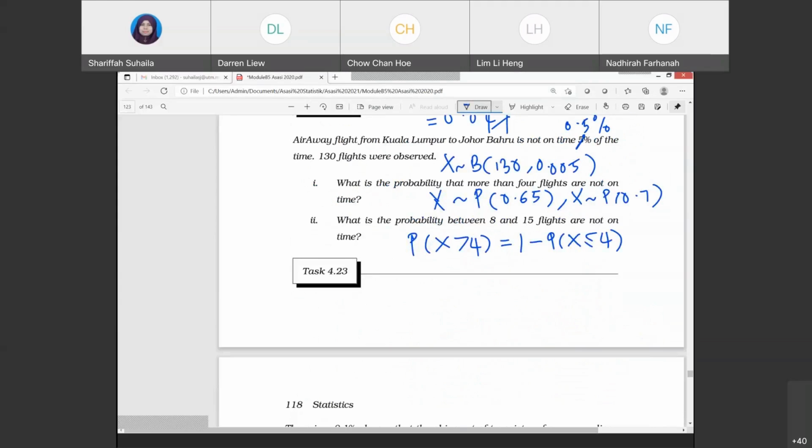So again, you will have 1 minus 0.992. Okay, so 0.0008. Okay, the next one, what is the probability between 8 and 15 flight are not on time?